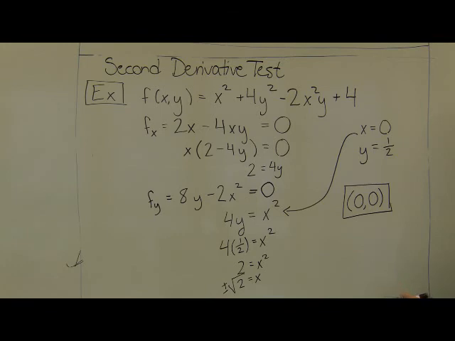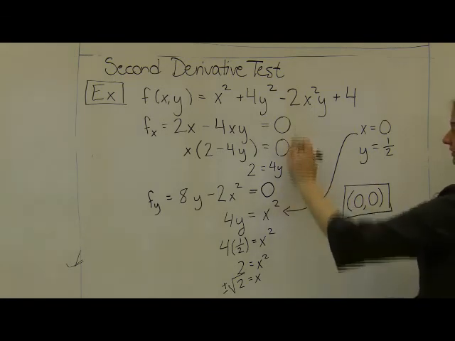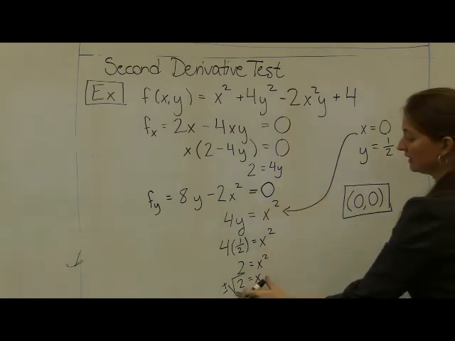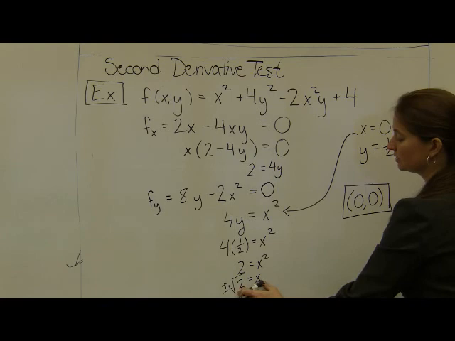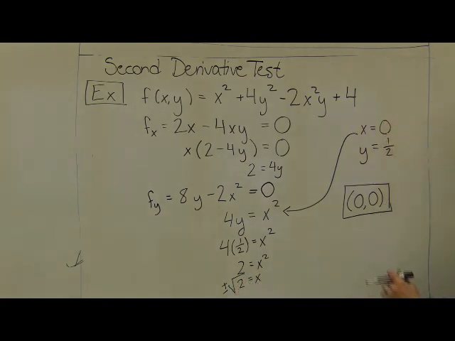So what is this saying? This is saying that if y equals 1/2, then in order for both of these partial derivatives to be equal to 0, we would need x to be equal to square root 2, or x to be equal to negative square root 2. So that gives me two more critical points: (square root 2, 1/2) and (negative square root 2, 1/2).